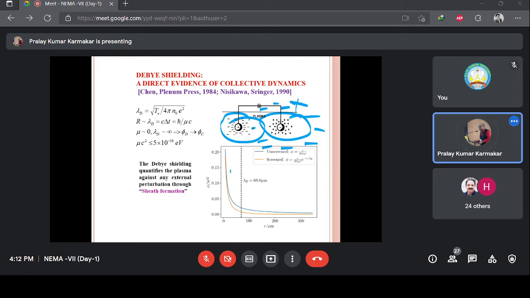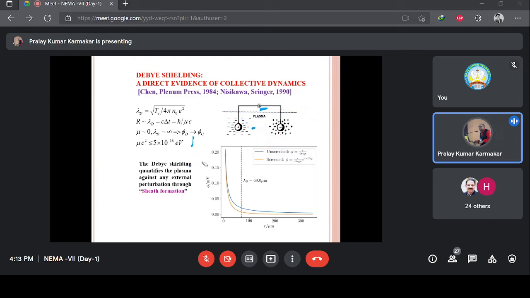Because of that, the vacuum electric potential, which is called the Coulombic potential, the unscreened potential given by just 1 by r, which was a 1 by r dependency, is modified in the form of Debye-Hückel formalism, and this is given by this expression.